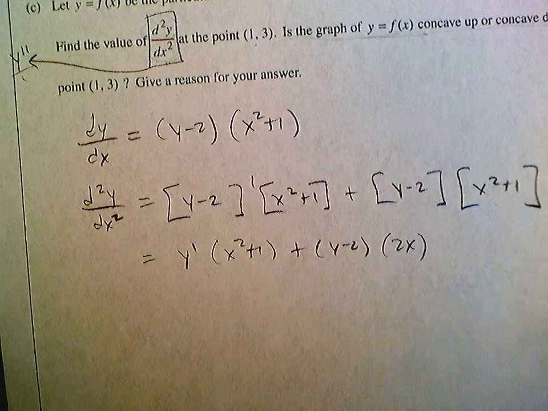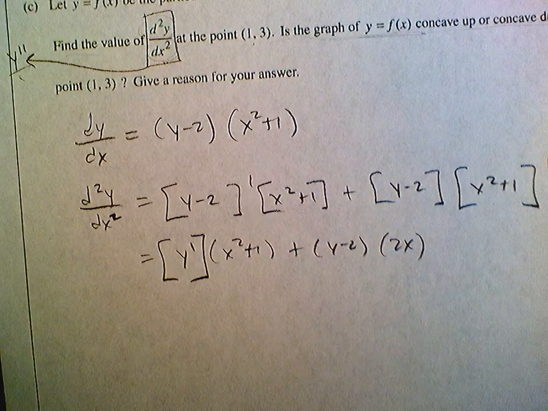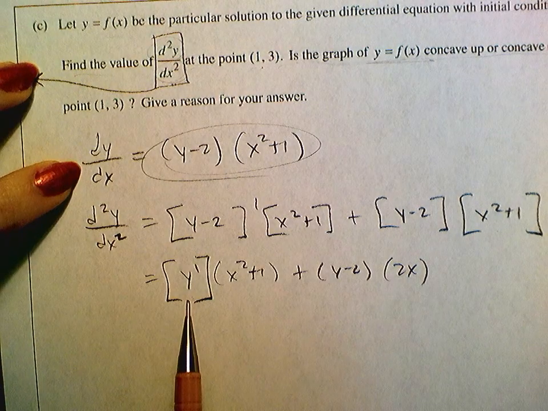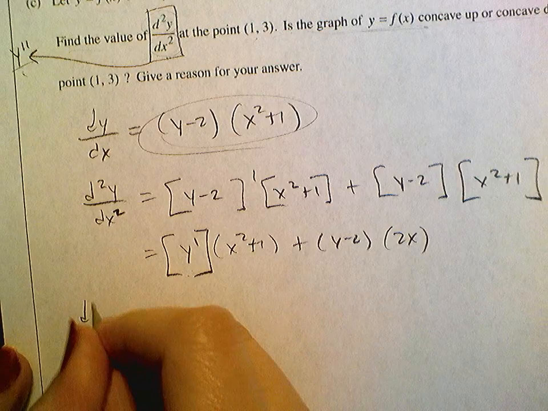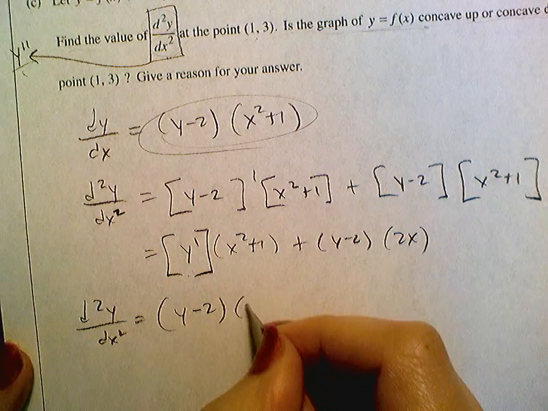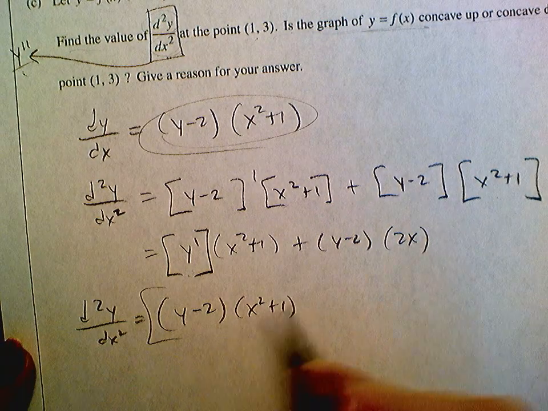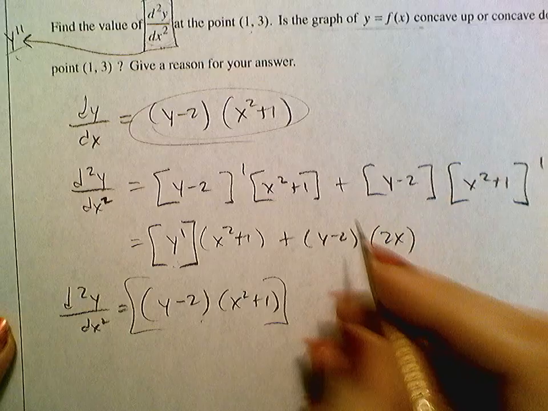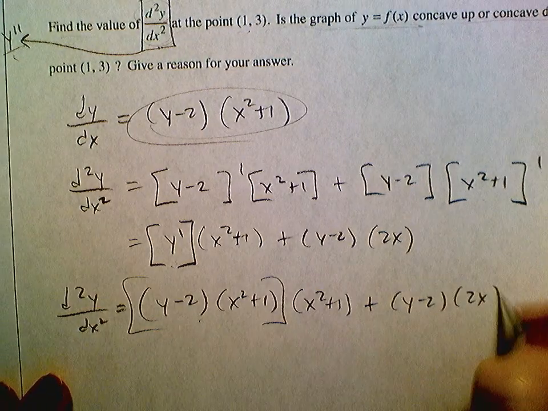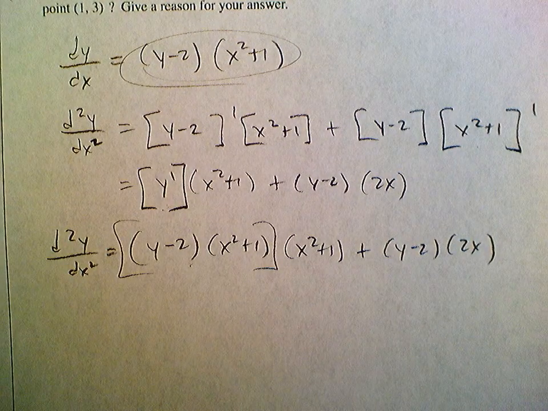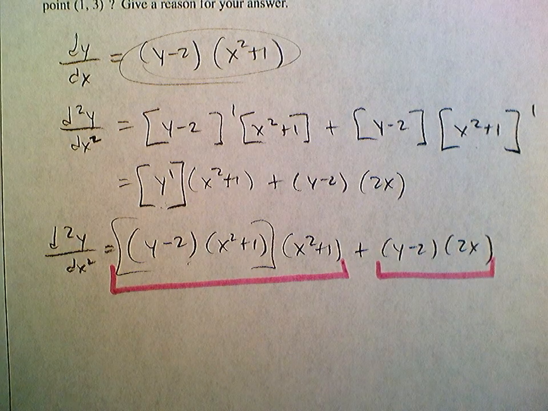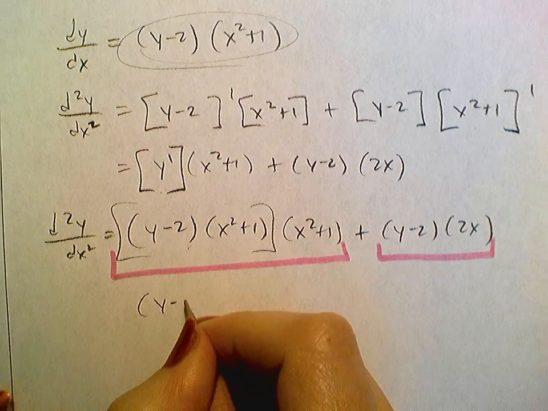Okay, and then in for this y prime, I'm going to put this. dy dx and y prime are the same thing in this situation. So I'm getting that this is equal to y minus 2 times y prime, plus, and then I noticed that I could factor out y minus 2 from those two things.